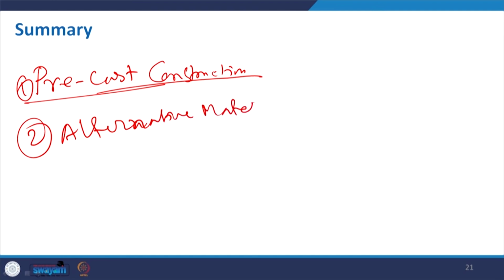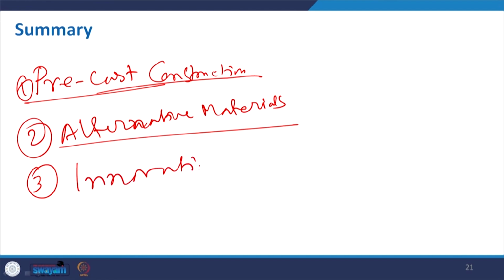These alternative materials will save, and then, last but not the least, what we need to show is basically innovation. So, we have to rely on innovation, then you have to test it and then adopt.